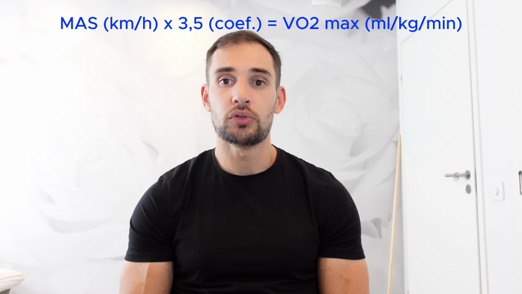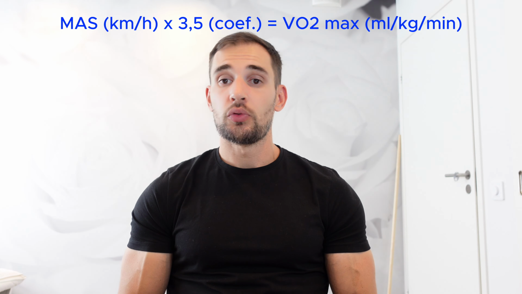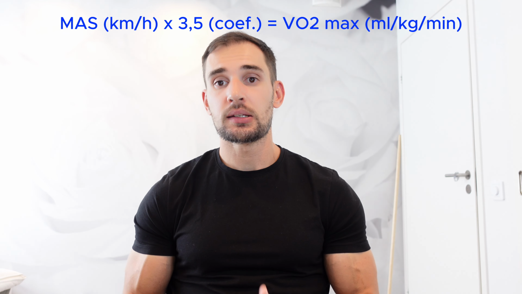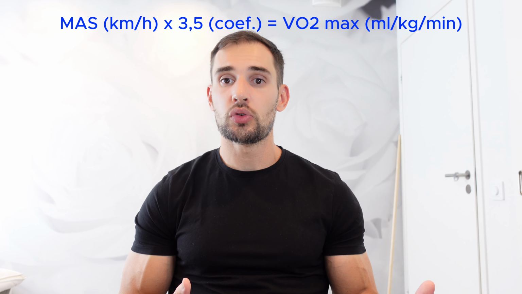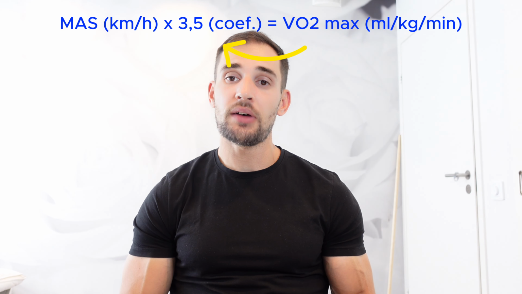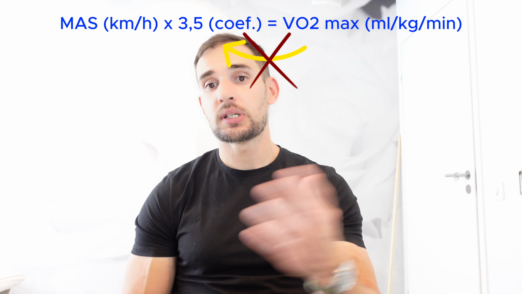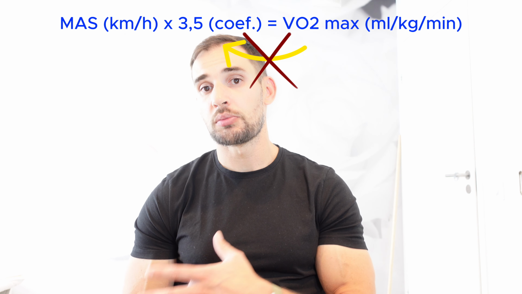And of course, 10 to 12 kilometers per match will require also endurance and VO2 max. The maximal aerobic speed test is oftentimes used, and you can use a formula to translate it into VO2 max. Remember that the formula to translate maximal aerobic speed into VO2 max is possible, but having the VO2 max cannot translate into a maximal aerobic speed.